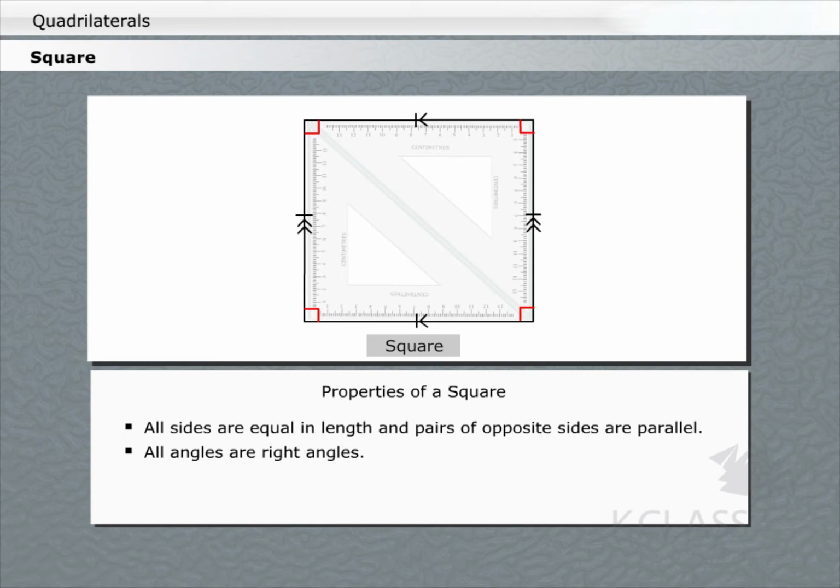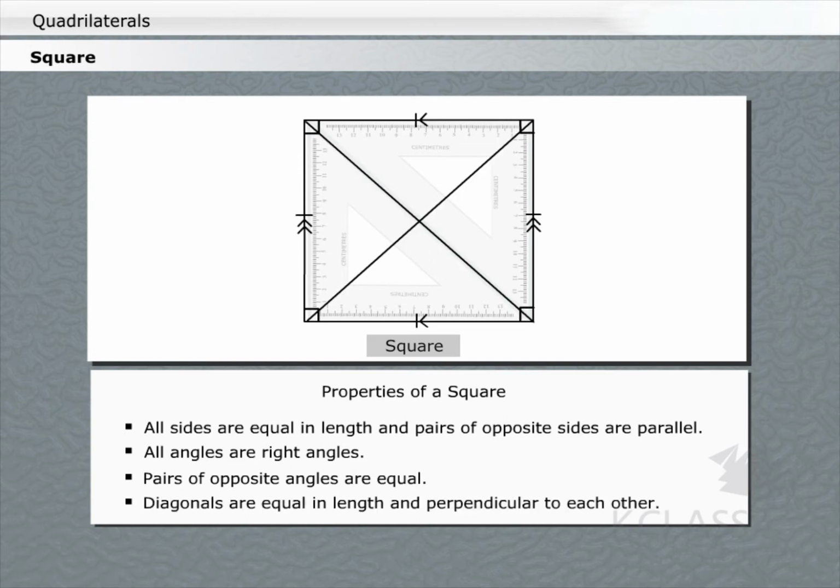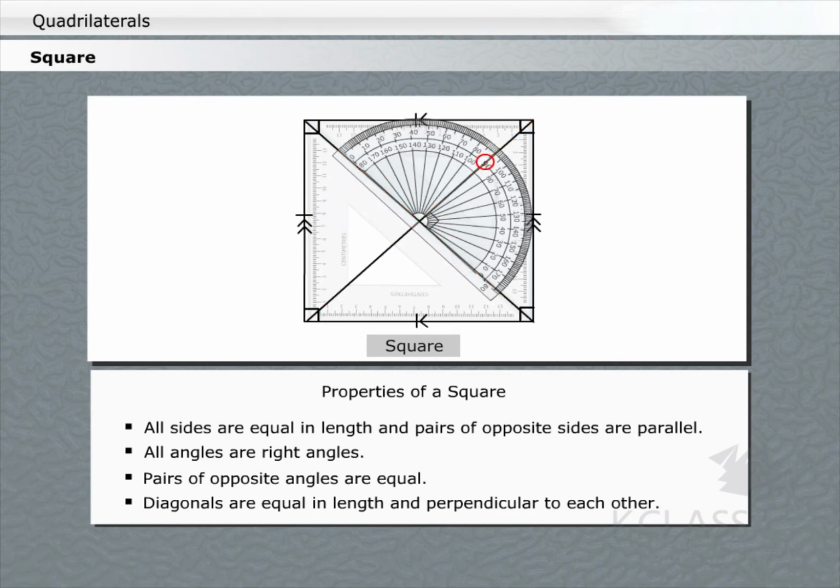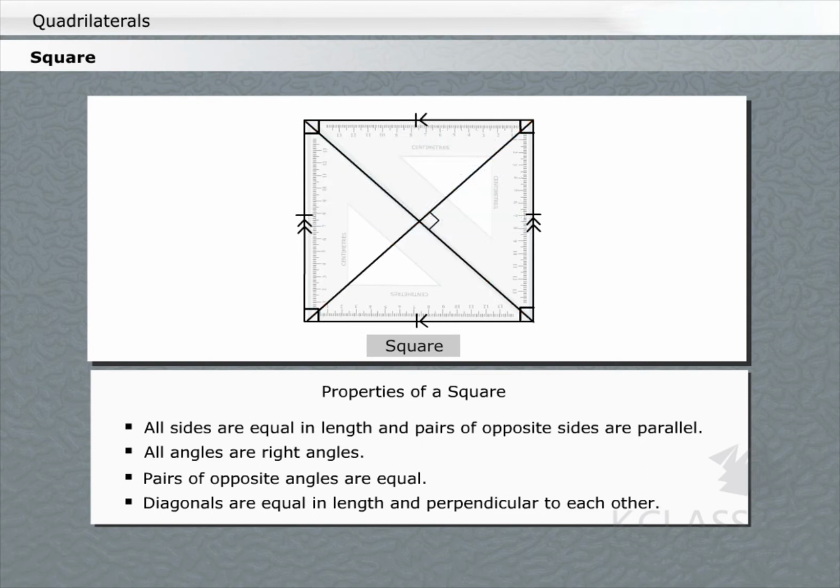That is, all angles are right angles. This implies that pairs of opposite angles are equal. The diagonals of the square are not only equal but also perpendicular to each other. All these properties are true for any square.